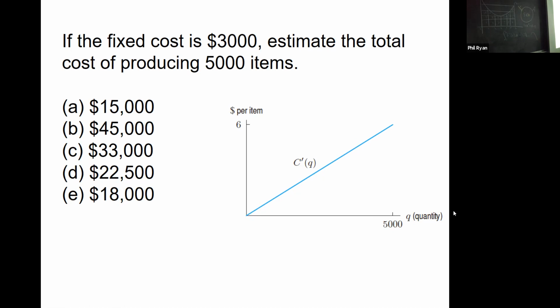You did 6 times 5,000, didn't you? I agree, you do 6 times 5,000. That's going to be the area of this square. What's the area of the triangle? 15,000, right? So 15,000 is the variable cost. Add 3,000, you get $18,000.